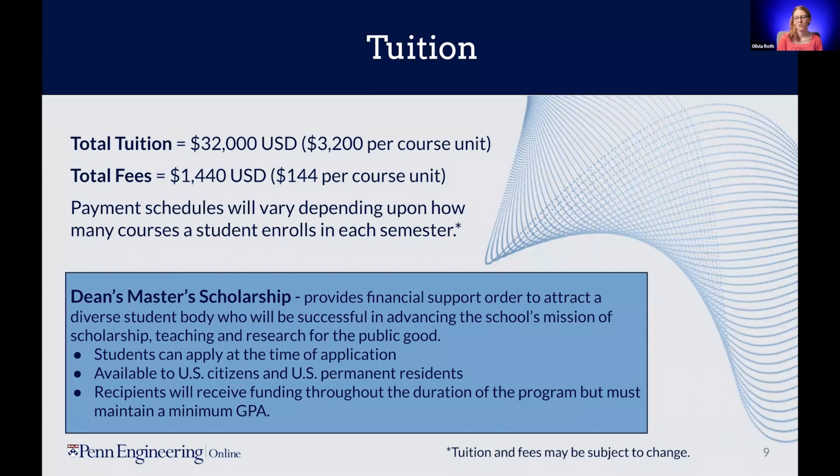So if in the first semester you feel like, I'm going to play conservative, let's start with one course to see how it can fit into my life, then you would pay just for that course in that semester towards the beginning of the semester. And then the next semester, let's say you're feeling more confident, I'm going to increase to 2 courses this semester. You would pay for 2 courses.